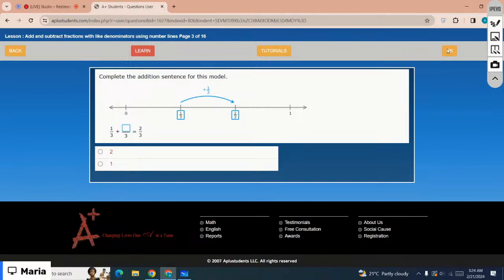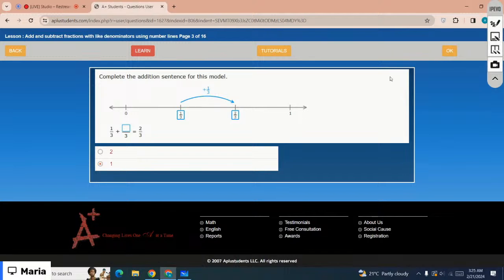Okay, the next one is complete the addition sentence for this model. So which is the correct option? Yes, the correct option is 1 over 3.